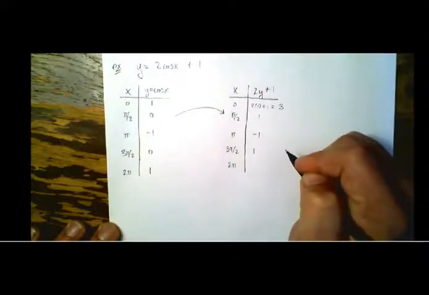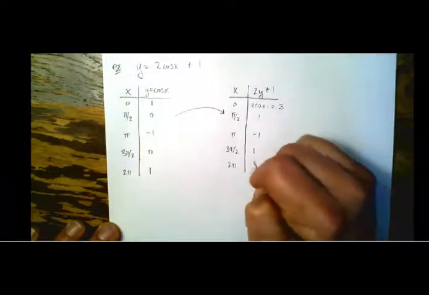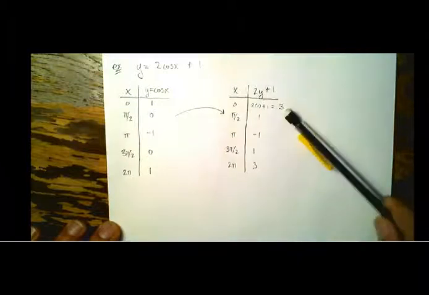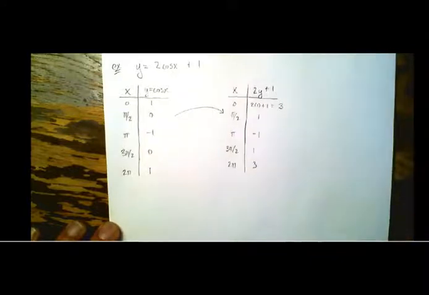And 1 times 2 is 2, plus 1 is 3. So we get the same kind of pattern. Kind of starts high, goes down, goes real low, goes back up, right? So let's graph those points there.